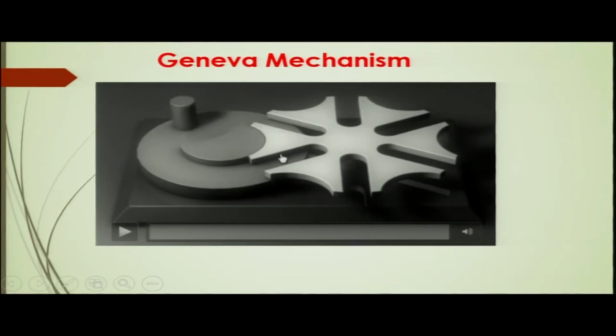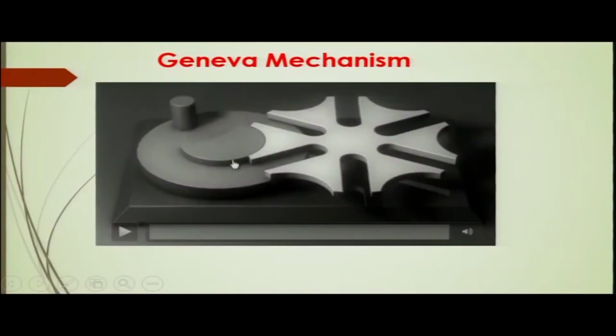Then when it is entering into the slot and coming out, during that time the sub assembly on that plate, let us say that plate is driven by the Geneva mechanism like this, will be rotated, that is indexed from one position to another position, and another sub assembly is coming to the particular position where the processing will be performed.